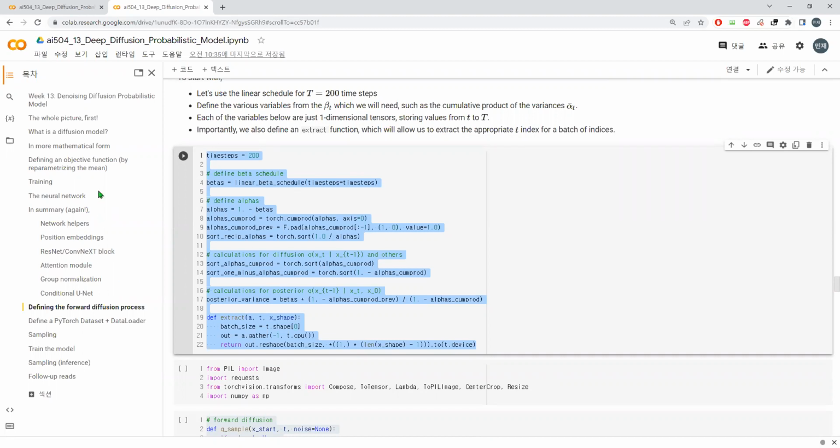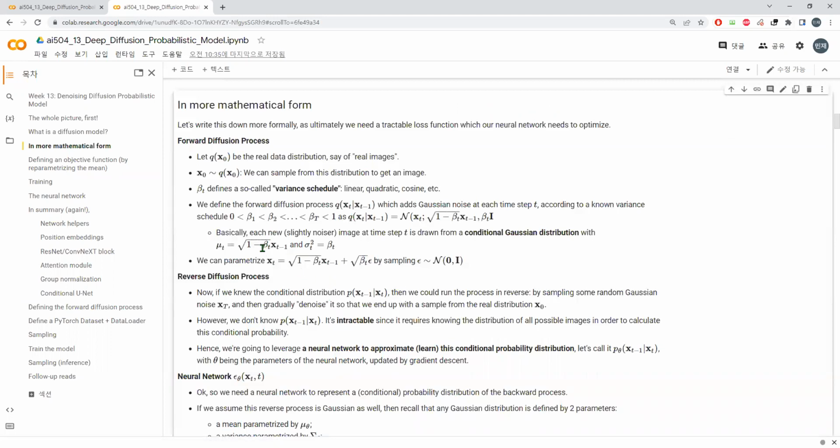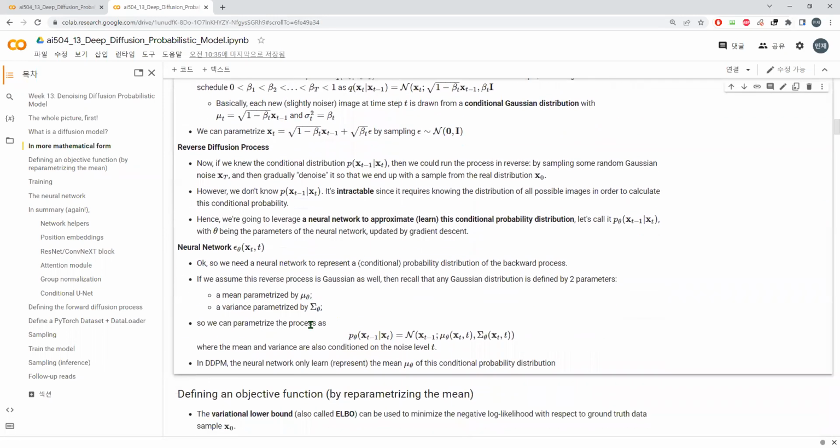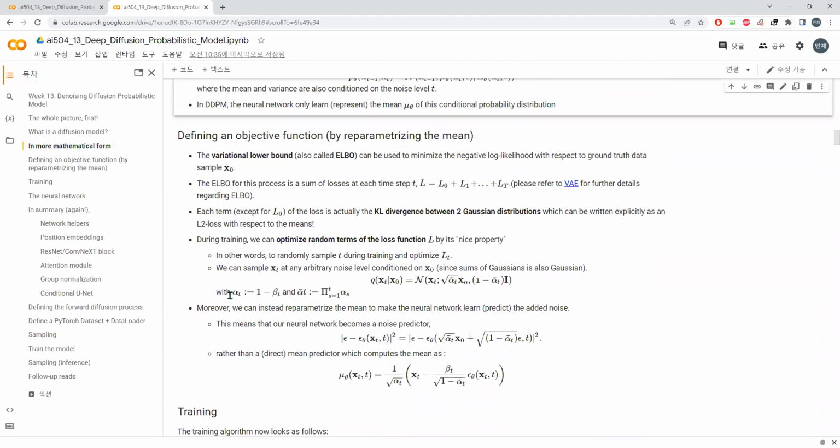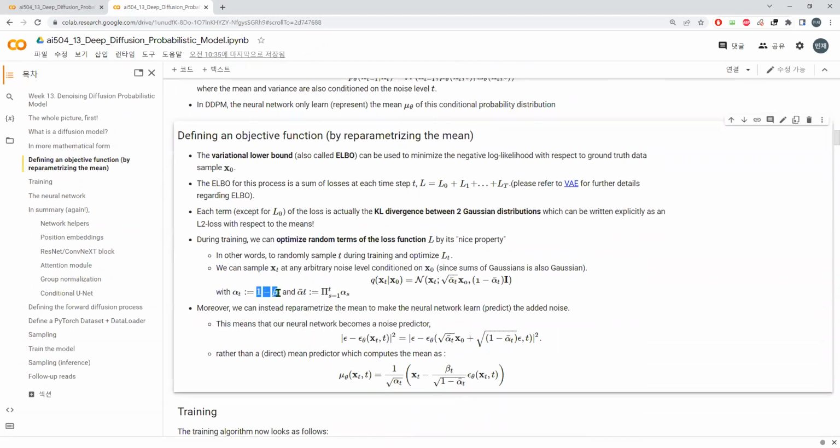But don't get lost, because alpha is another form of beta: alpha t is equal to 1 minus beta t.